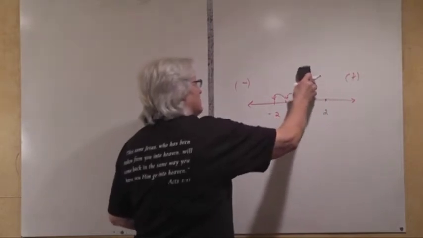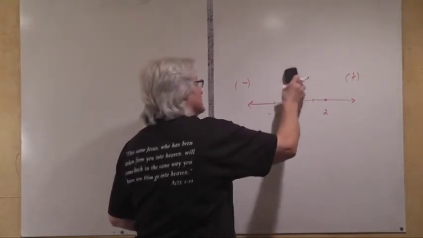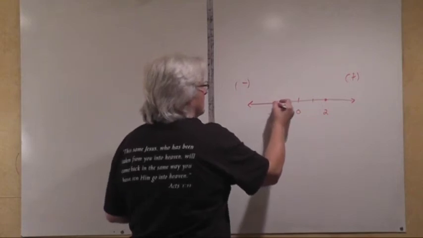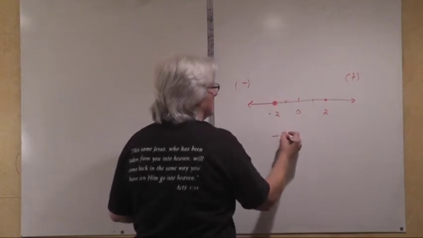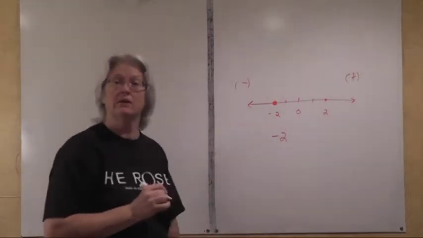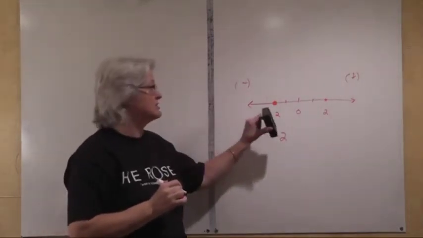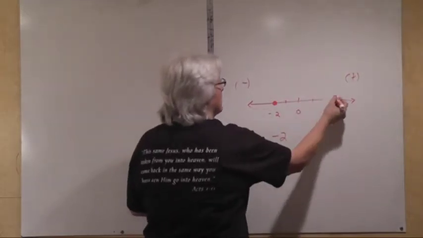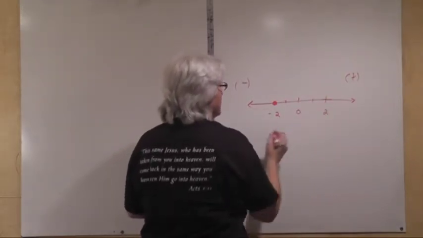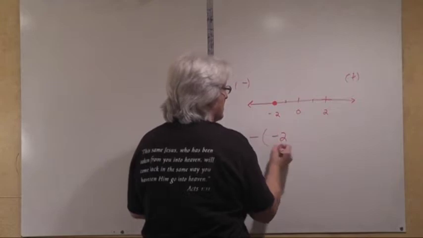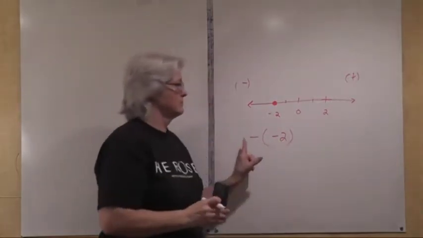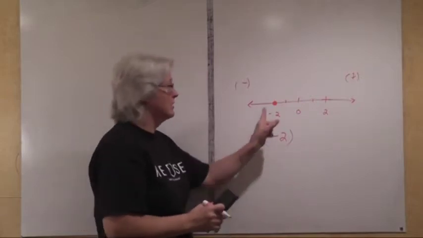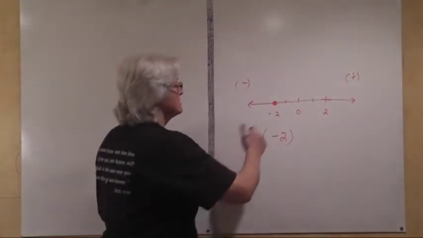So what do we get if we say, instead of starting at 2, we're going to begin with a negative 2. And then we're going to say, okay, I want to know what the opposite of negative 2 is. So what is the opposite? The opposite of negative 2 is what? Here is negative 2.